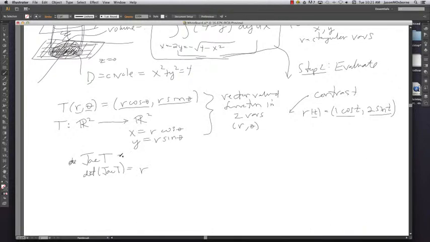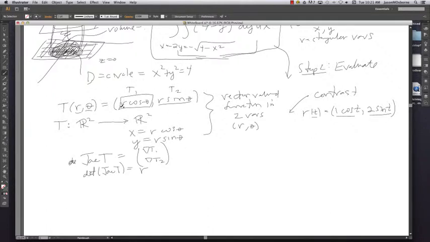The Jacobian here, if you wish to know, is to take the first entry, T1, and take its gradient, then take the gradient of the second entry, T2, and stack them on top of each other.